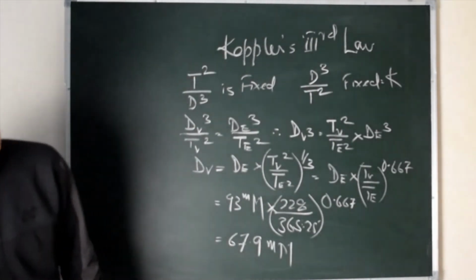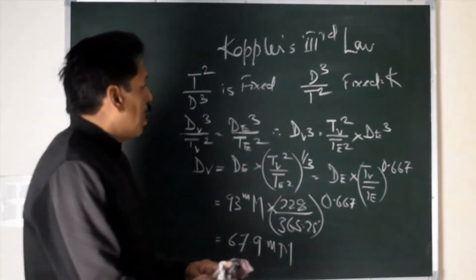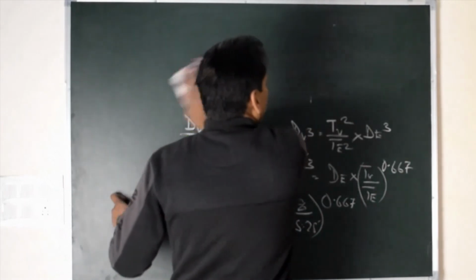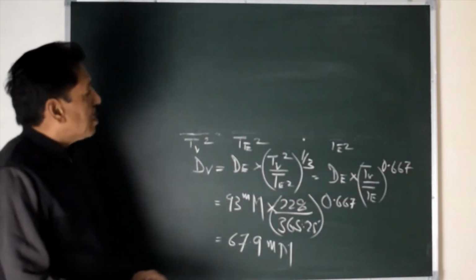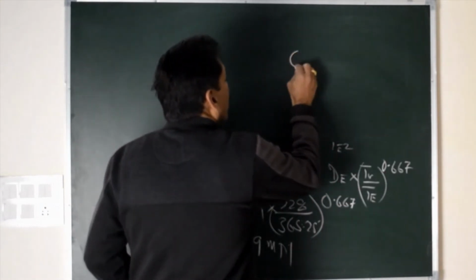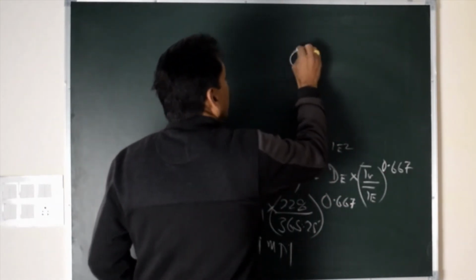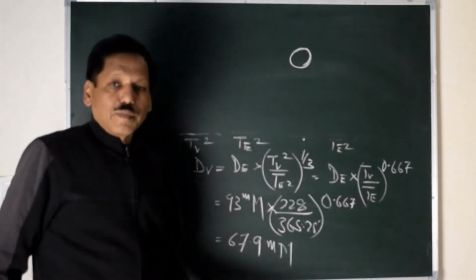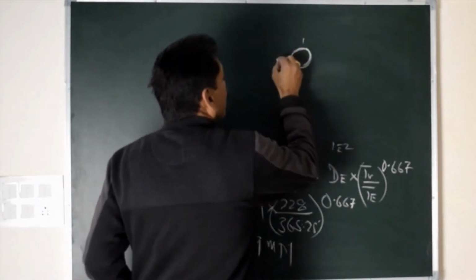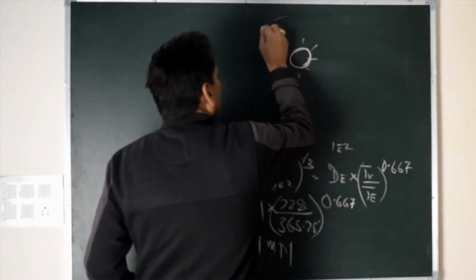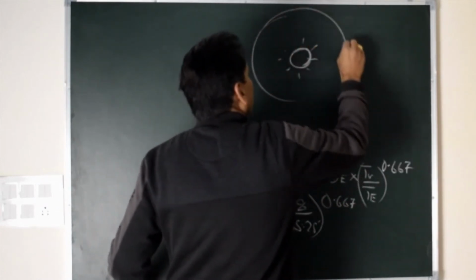Now, a little while ago, I told you that Venus has a maximum elongation limitation. Suppose this is the orbit of Venus.